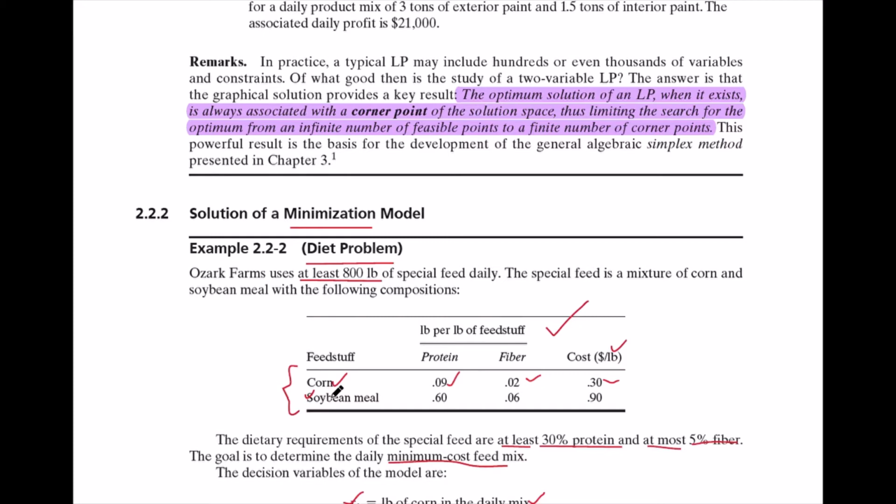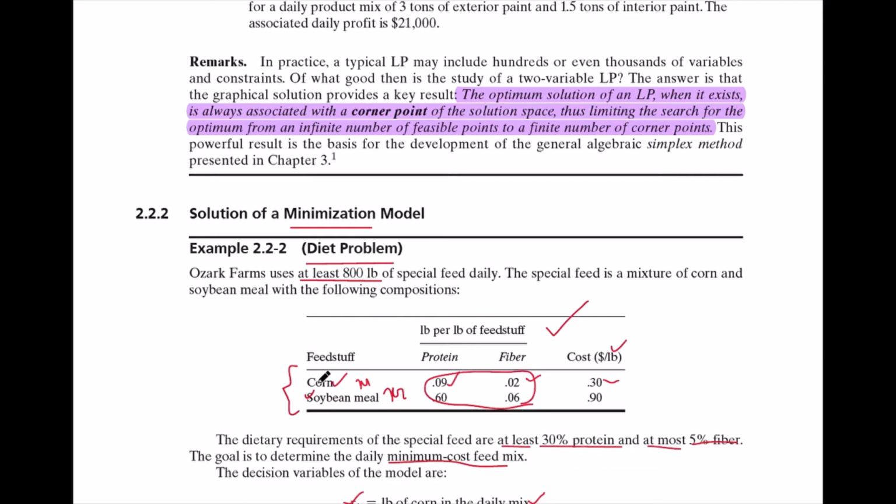So the amount of protein we need to consider, where this is x1 and this is x2: protein is x1 into 0.09 and x2 into 0.60. Similarly, fiber is 0.02 into x1 plus 0.06 into x2, because these are the per unit values.